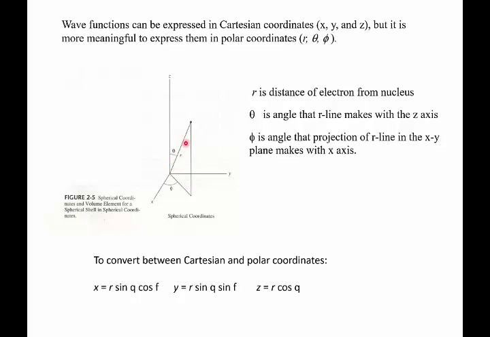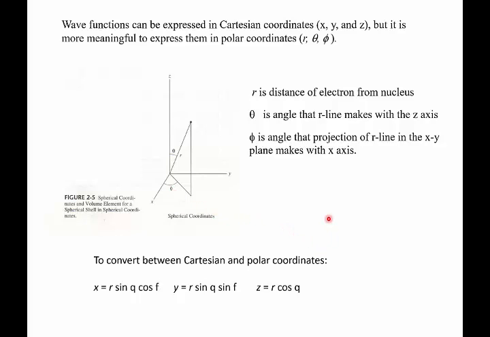So if we take the R line and project that line in the xy plane, this projection line here, we then look at the angle that that line makes with the x-axis, and that is our phi angle.